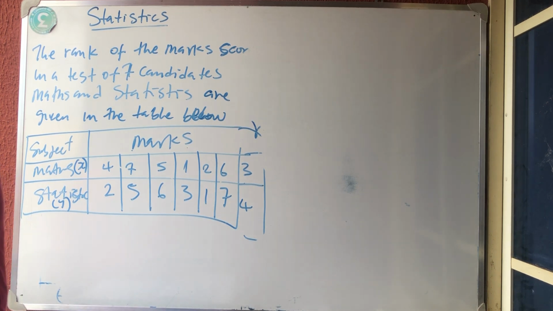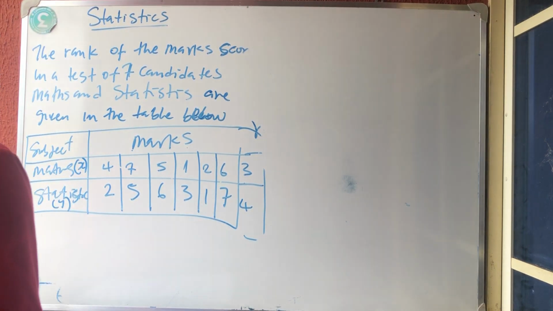Okay, the question said: number 1, determine the linear regression line of y on x. Number 2, compute and interpret the correlation coefficient. That is the 2 questions.